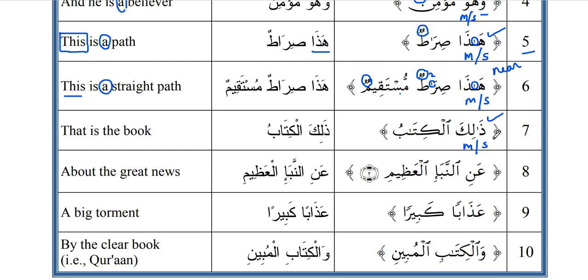Now, one thing you should know in Arabic, hadha and dhalika, these demonstrative pronouns, are used both for humans and for objects, non-living things, which I can say in Arabic as غير عاقل. Why do we call it غير عاقل for non-living things?